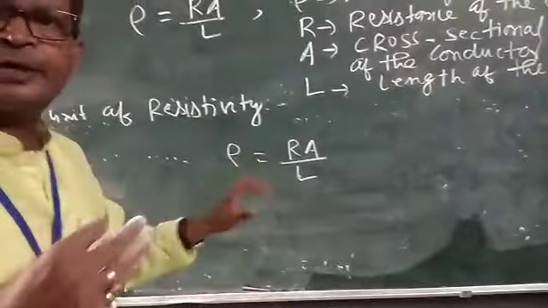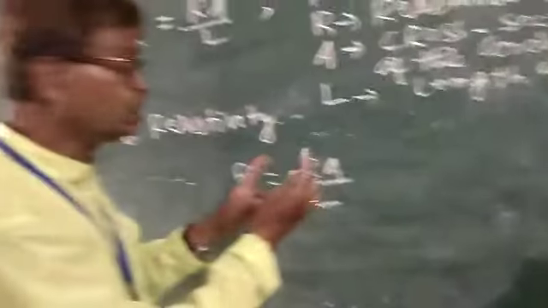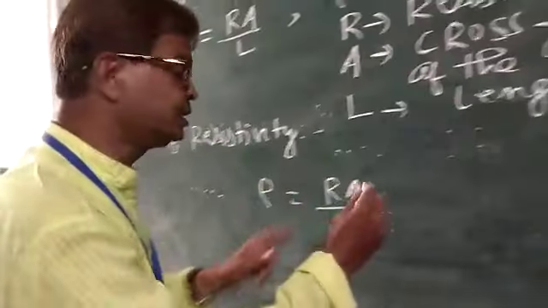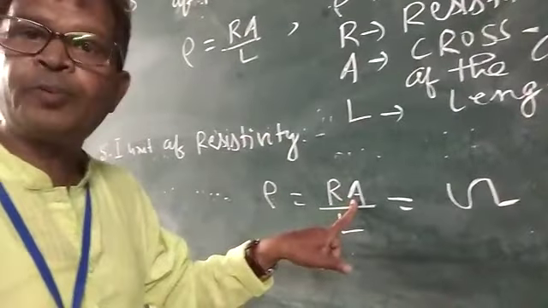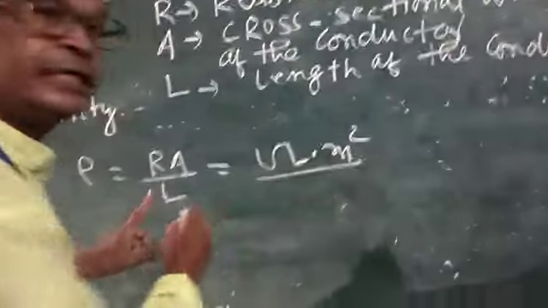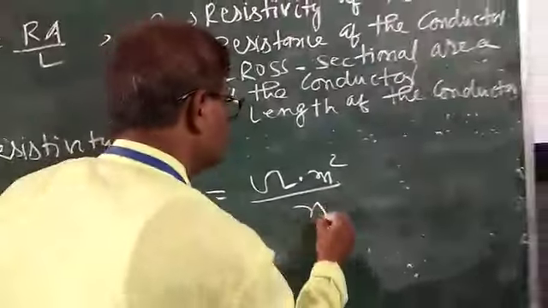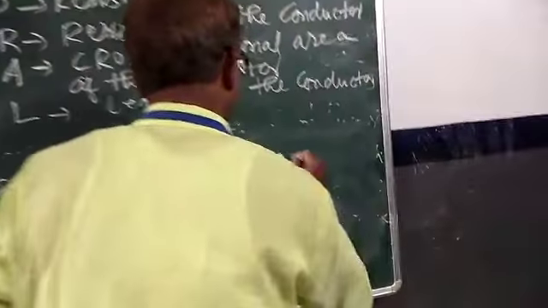Putting the SI unit of each physical quantity, as you know, the SI unit of resistance is ohm, the SI unit of area is meter square, and the SI unit of length is meter. So this meter is cut to this. So this will be ohm meter.